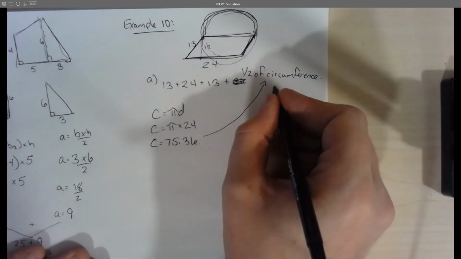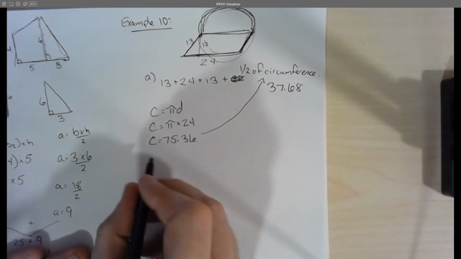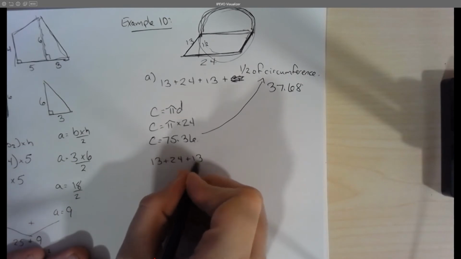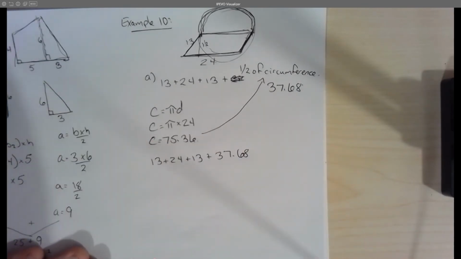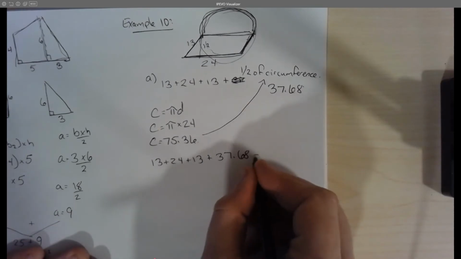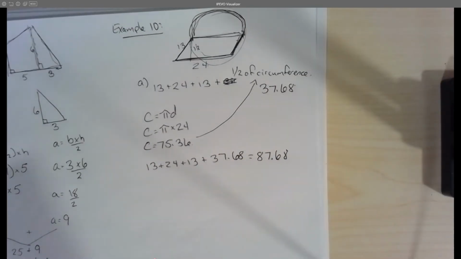So half of that would be 37.68. So now I have 13 plus 24 plus 13 plus 37.68, which when I plug all of that into my calculator, it gives me a perimeter of roughly 87.68 for that particular question.